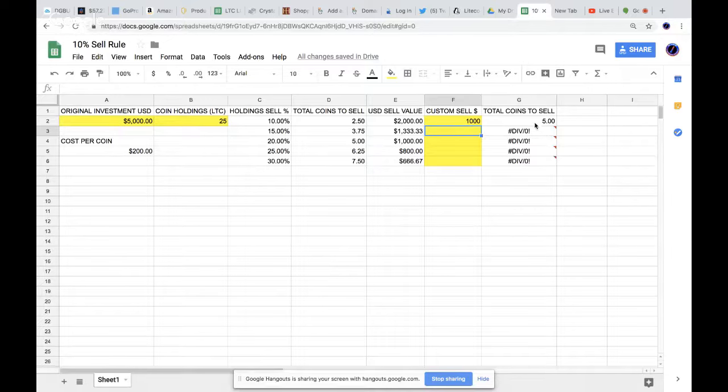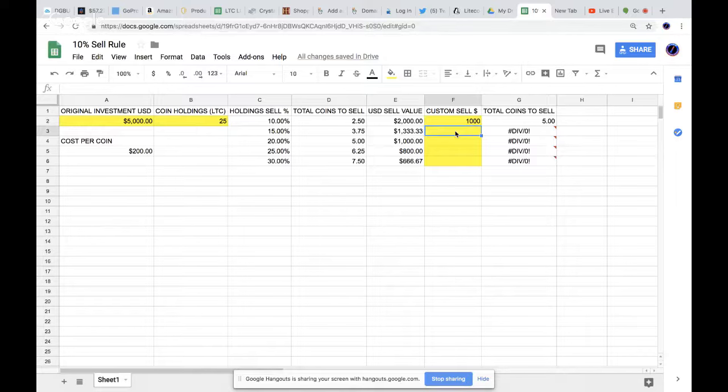Now, if you look here, those 5 coins equate to 20%, which is a fair number. It's not terrible to get rid of 20% of your holdings. You can always buy back if it drops. If not, I would wait probably closer to 10%, but everybody has their own situation.